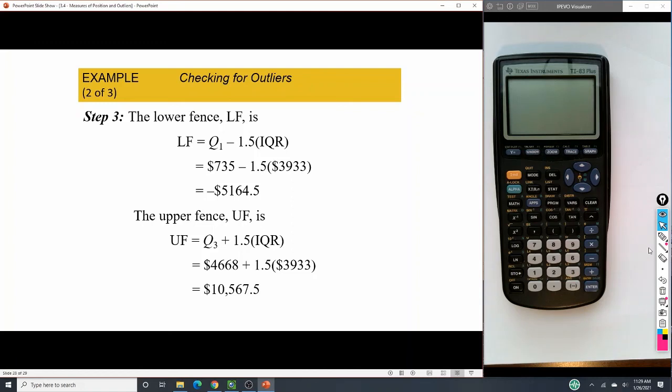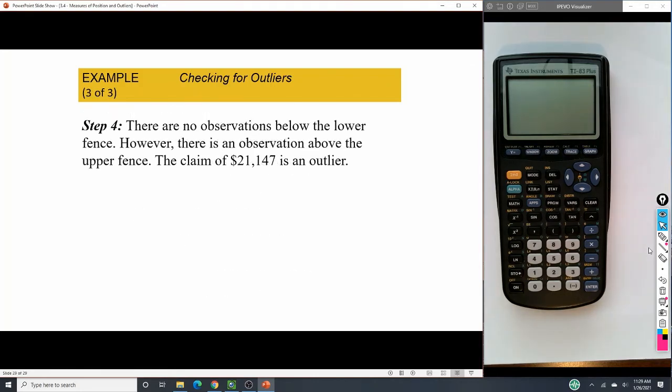So an outlier has to be less than the negative $5,000, but greater than the 10,500. Okay. So since we had one claim that said 21,000, that would be an outlier to our group. It would not be less than that 10,000 mark. Okay.